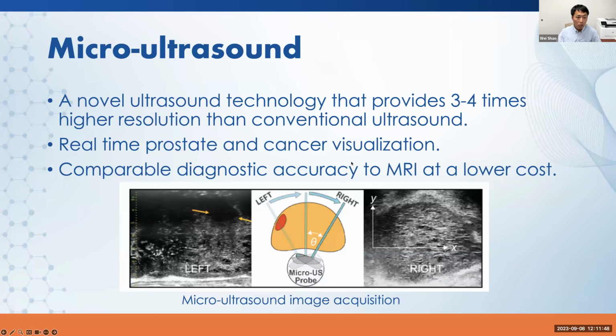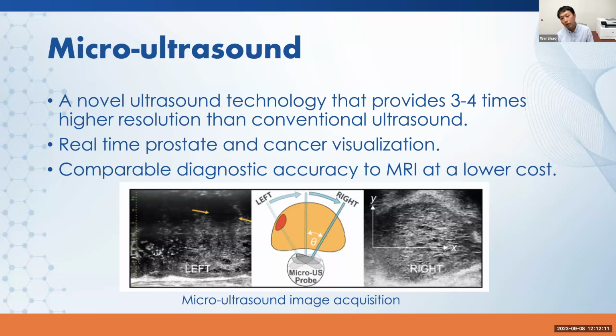In our approach, we propose to use a novel ultrasound technology called micro-ultrasound for prostate cancer diagnosis, with the following advantages. First, this technology operates at a higher frequency, 29 megahertz.